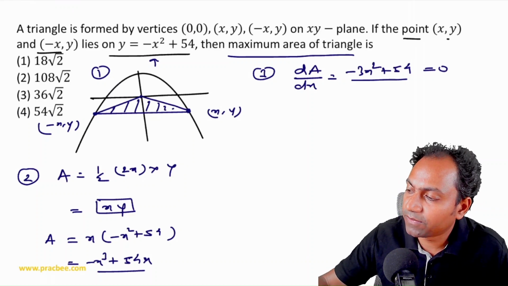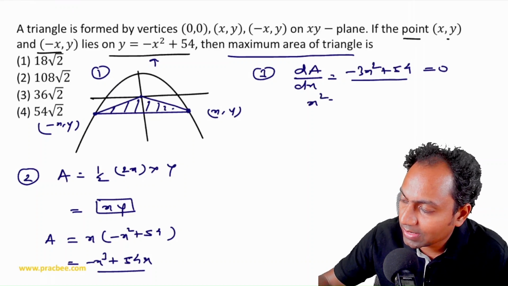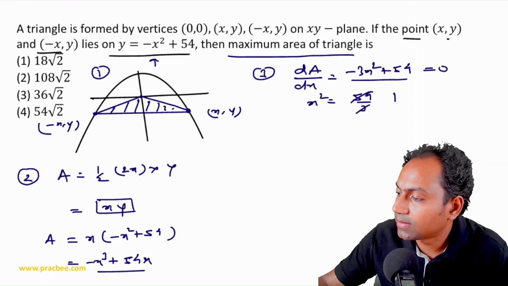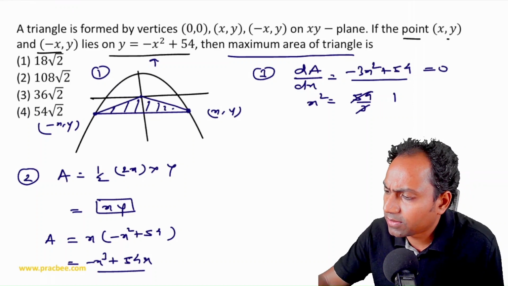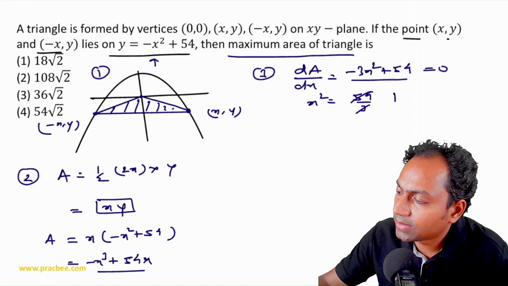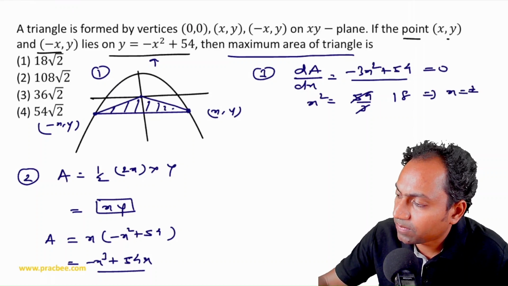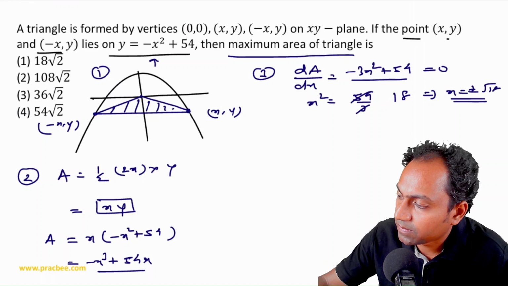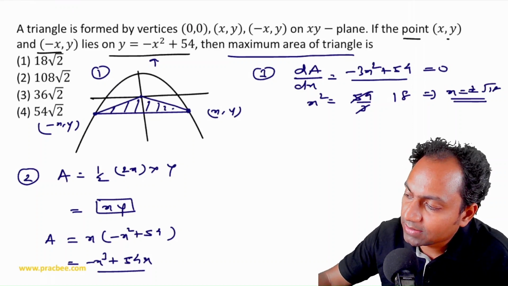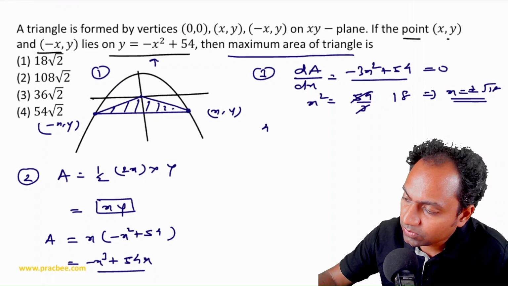So if I divide 54 by 3, x square becomes nothing but 54 by 3, so 18. So the value of x comes out to be plus minus root 18. Okay. Now, once you have done that, the next part would be to find the area corresponding to that.